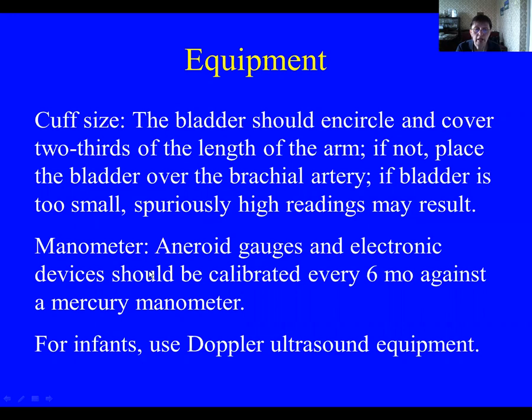Then you should check the manometer, and as you know, the gold standard for blood pressure measurement is the mercury manometer. For small children and infants, we can use Doppler ultrasound equipment, but of course in routine practice in adults it is not used.